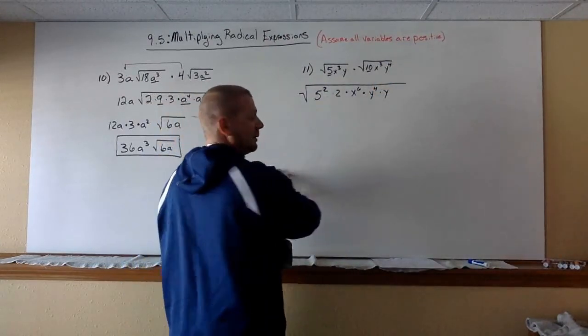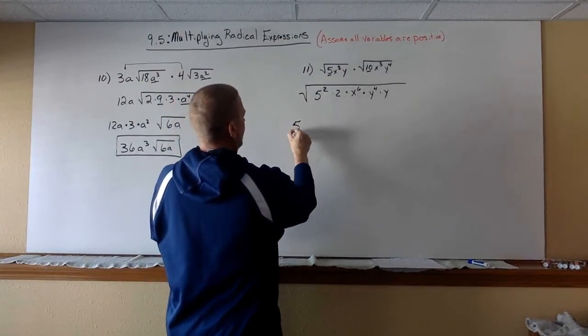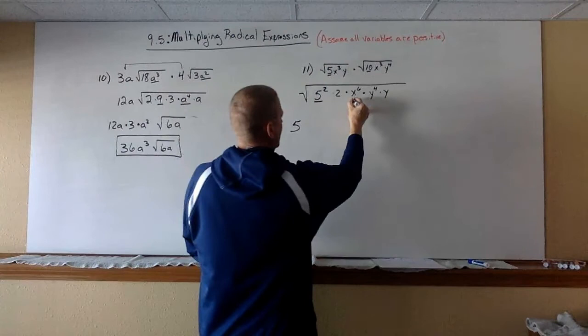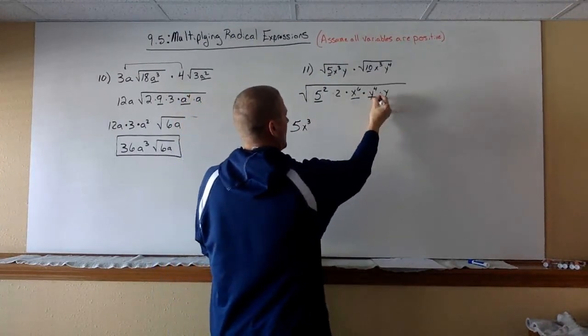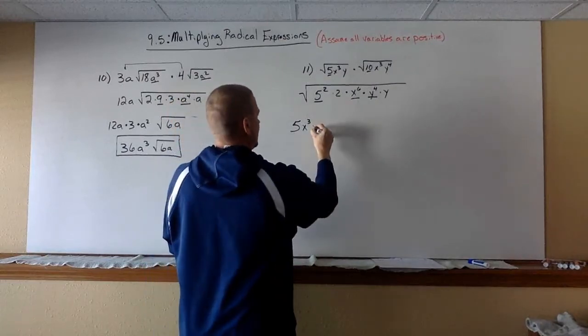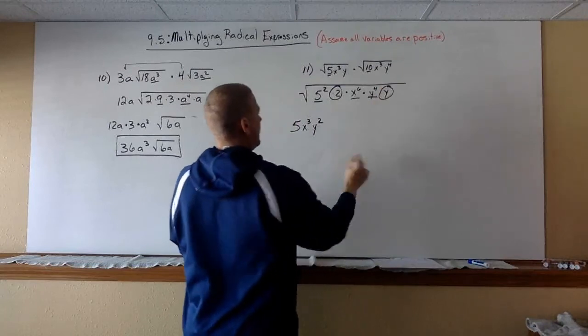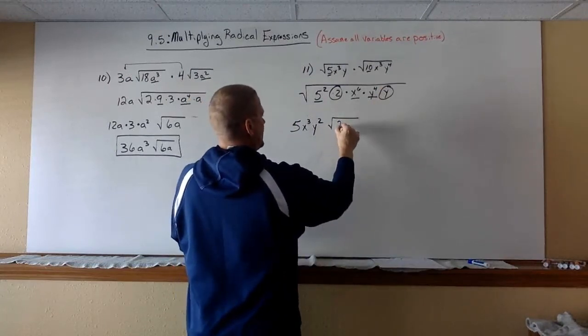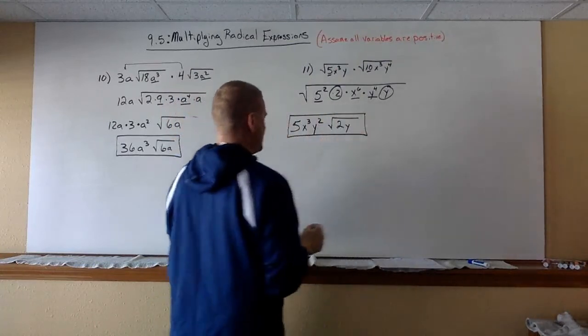Then I come back and I pull out my perfect squares. I know the square root of 5 squared is 5, that's a perfect square. I know x to the sixth is a perfect square of x to the third. I know y to the fourth is a perfect square of y squared. And 2 is not and y is not, so 2y stays underneath my radical symbol.